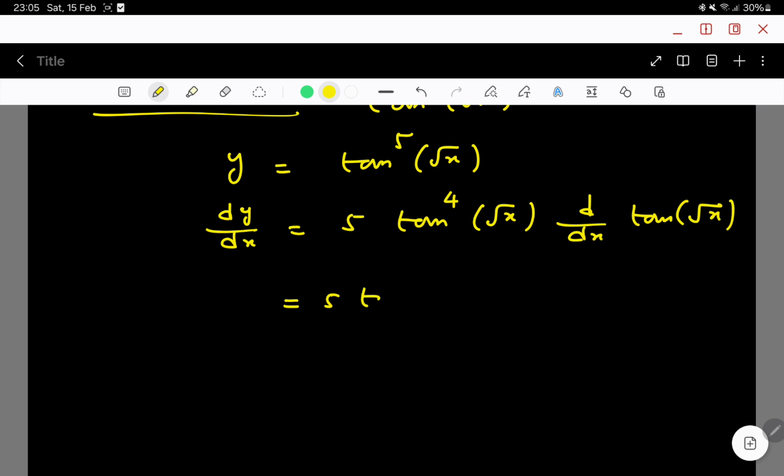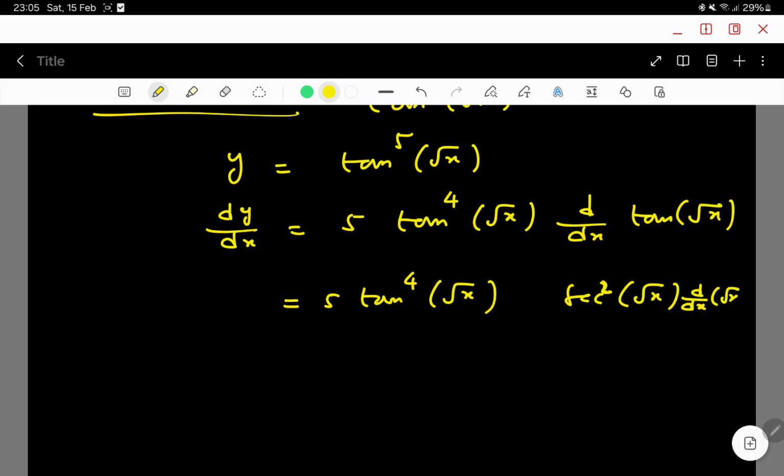So 5 into tan power 4 root x, dy by dx of tan root x is sec square root x. Again differentiating root x, 1 by 2 root x. dy by dx of root x is 1 by 2 root x.